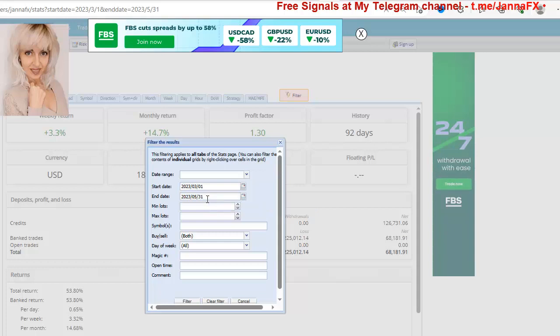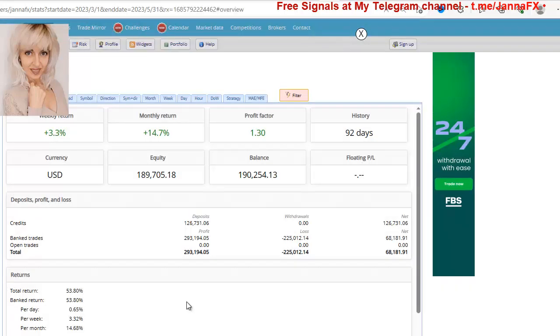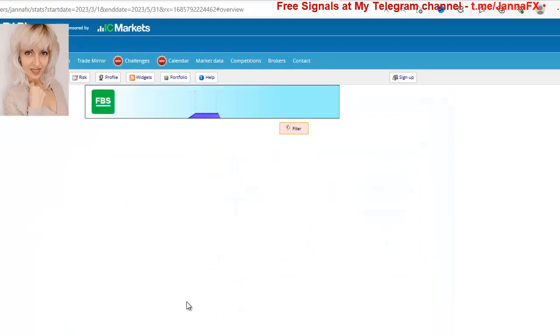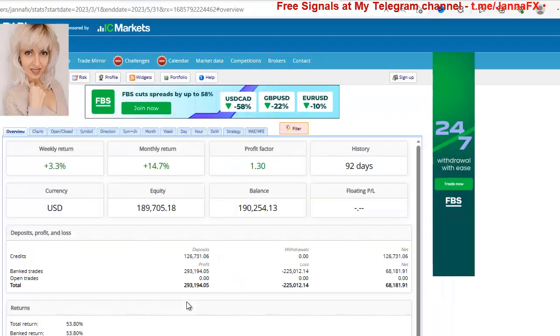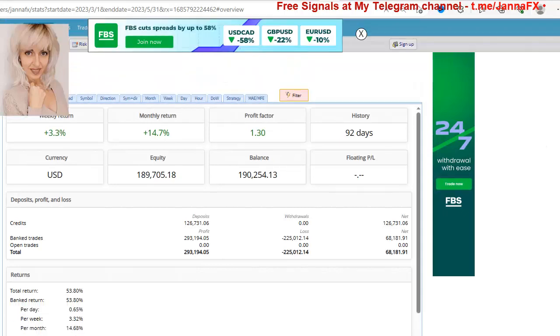Not always with the recovery systems the trades close exactly at the same time, but this is how it shows right now. So once again, you can see the number hasn't changed. So that's the result of these 3 months, and we're done with this one.